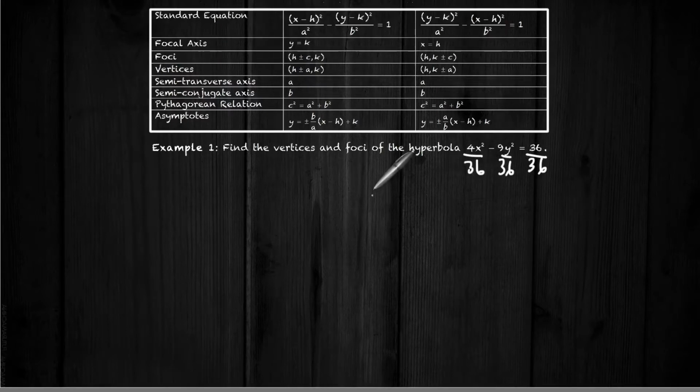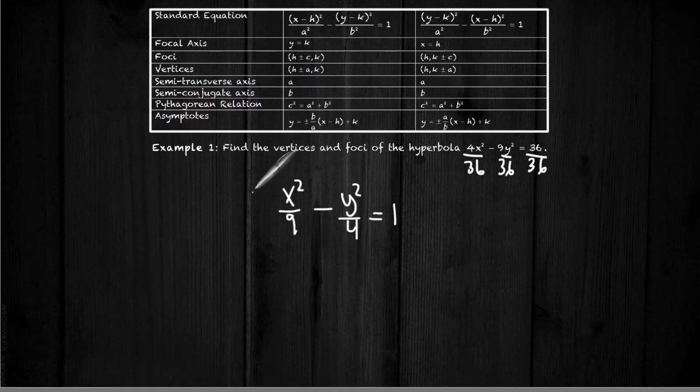So 4 over 36 reduces to x squared over 9, and then y squared over 4. And actually this needs to be minus. So actually let's just write this over again. So it's going to be x squared over 9 minus y squared over 4 equals 1.